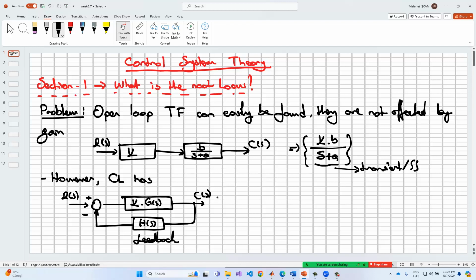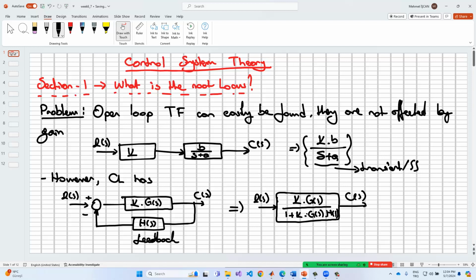If we solve this equation, we will have R(s), the input signal in here, and so we have the closed loop transfer function in here, K times G(s) divided by 1 plus K times G(s) times H(s), okay? These are the closed loop transfer function in here, but just examine these results.